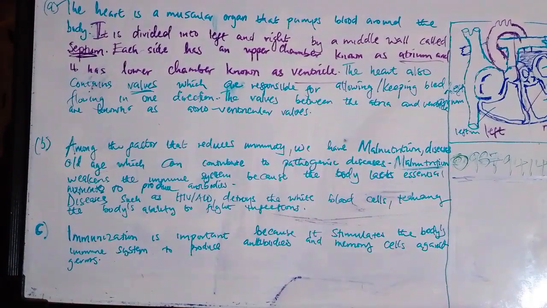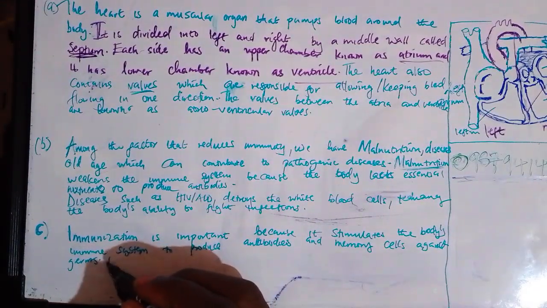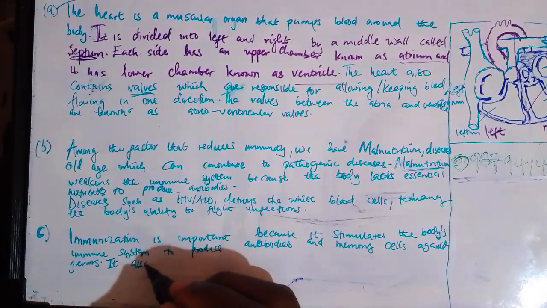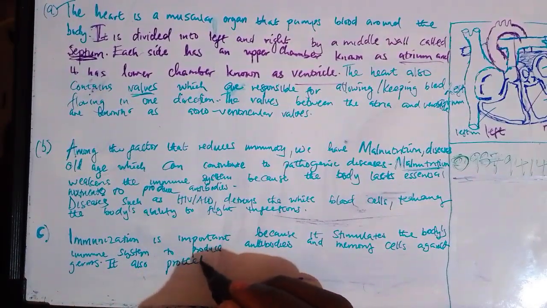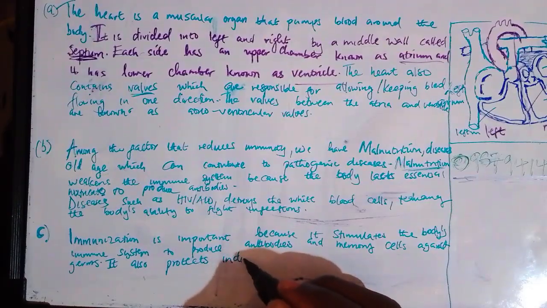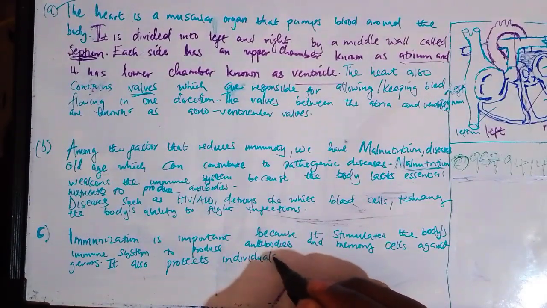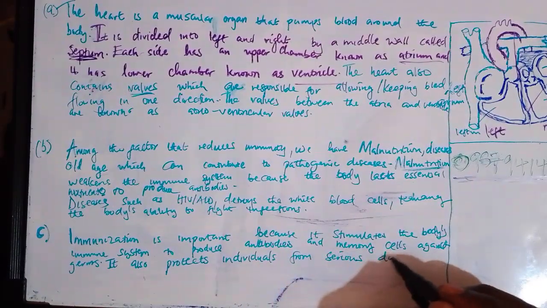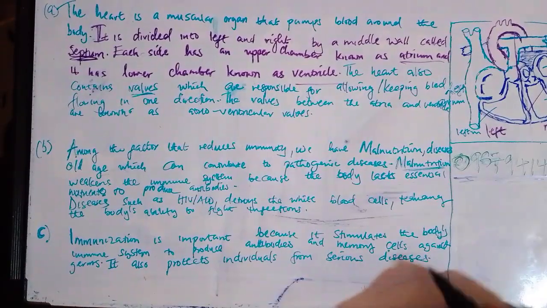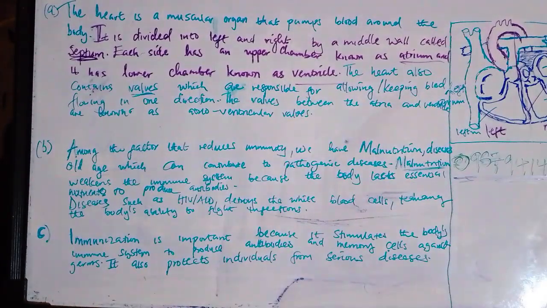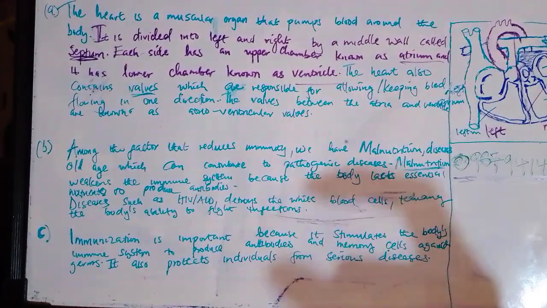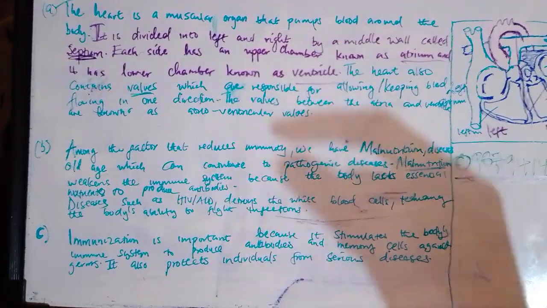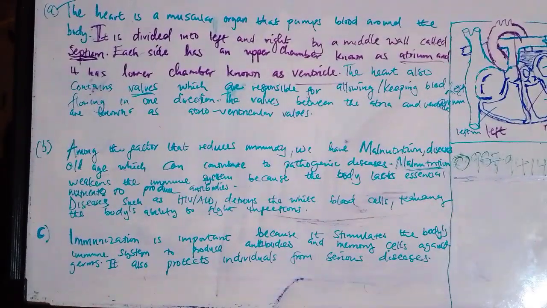Then immunization also protects individuals from serious diseases. So we have serious diseases such as polio. So those diseases are very, very serious. Once you get immunization, you'll be protected from those diseases.